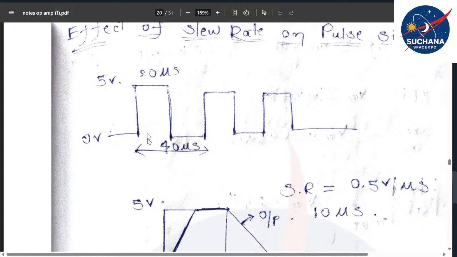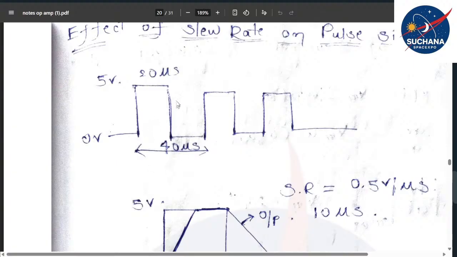The graph starts here, increases, then decreases, and remains in the low state for some time. From here to here is one cycle, so the time period is calculated for one complete cycle, which is 40 microseconds.